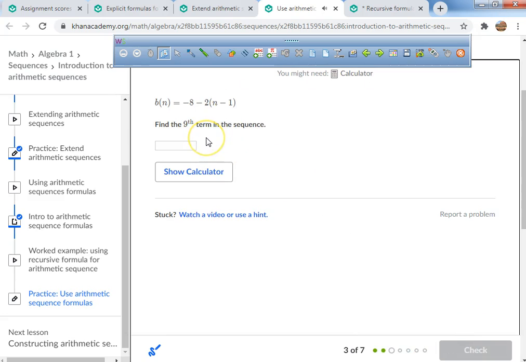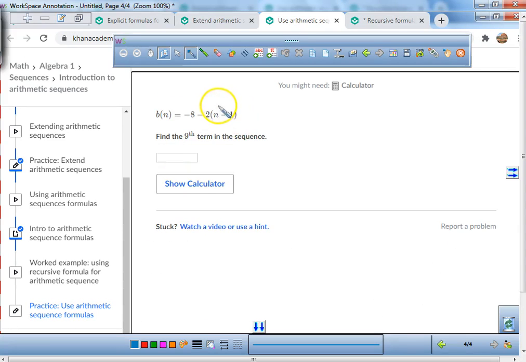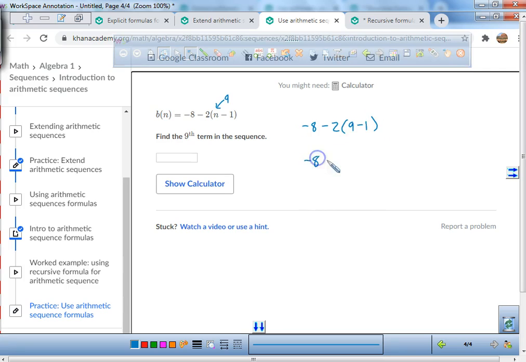All right, find the 9th term in the sequence. This one's going to be pretty easy because all I have to do is take the number 9 and plug it in right there. So I'm going to put negative 8 minus 2 times parentheses 9 minus 1. Once you do this, you start realizing that all you've got to do is go one number down. So 9 minus 1 is 8. Negative 8 minus 16 is negative 24.